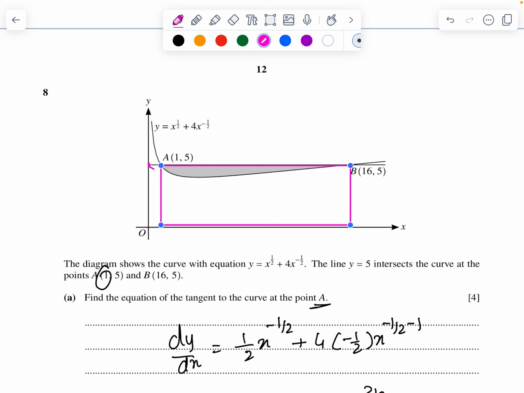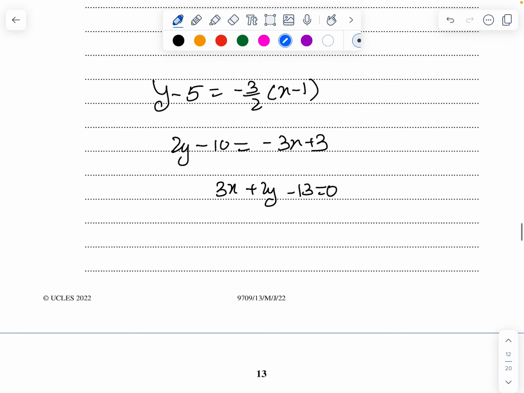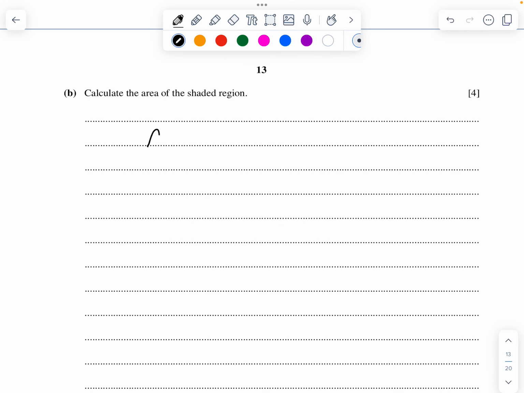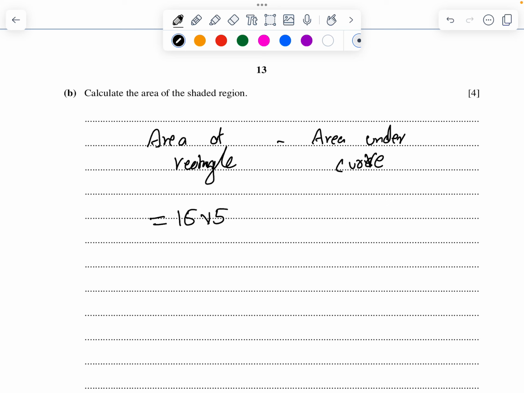Area of this rectangle, then minus area under the graph, gives me the area of the shaded region. So it gives you area of rectangle minus area under curve. Area of a rectangle is 15 times 5, minus the area under the curve, which is the integral from where to where?